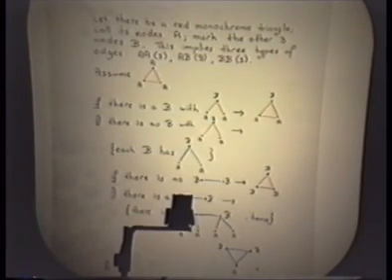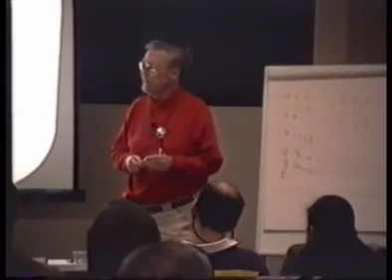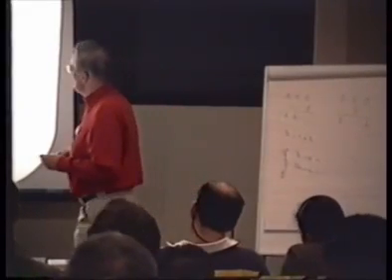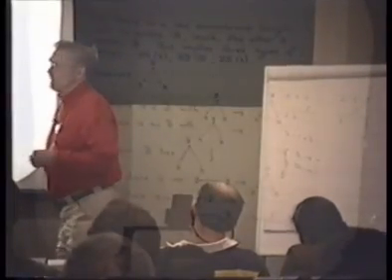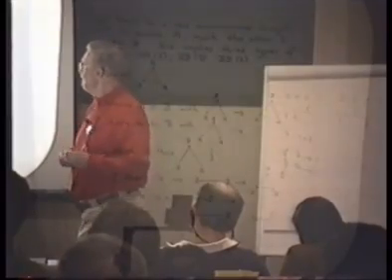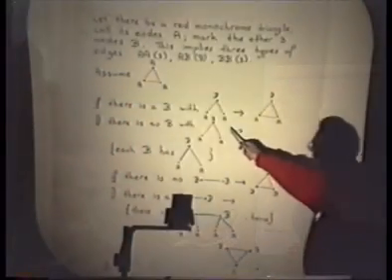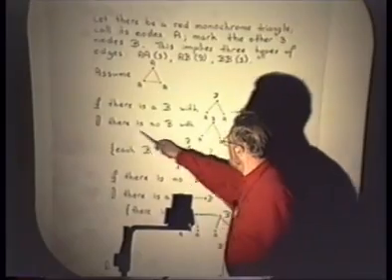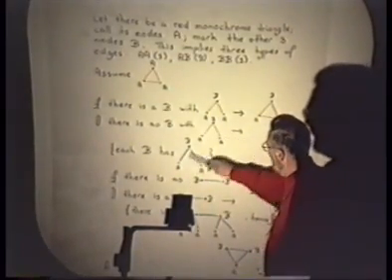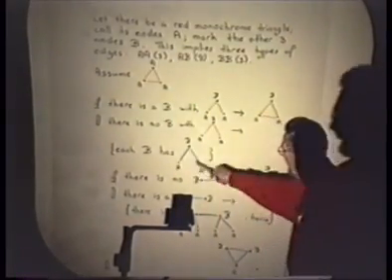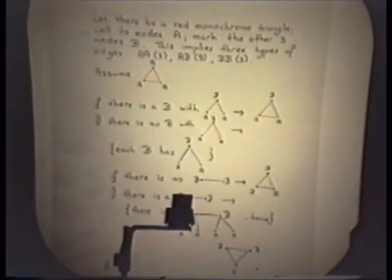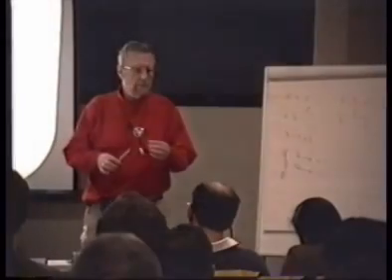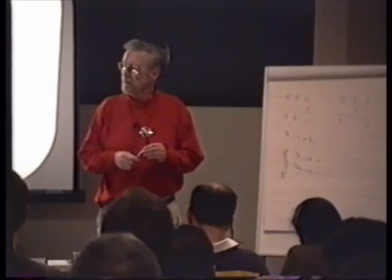Because at each B, three AB edges meet, and if there are never two red ones, then there are always two blue ones. So from this fact that there is no B with this, I can conclude that each B has at least two AB edges that are blue.